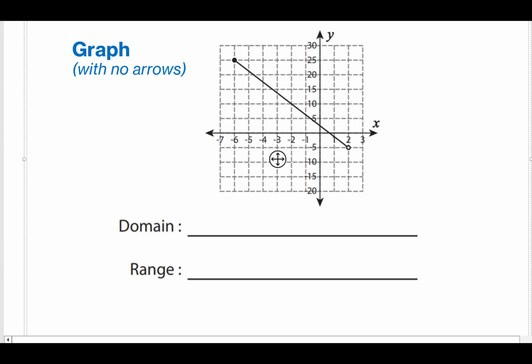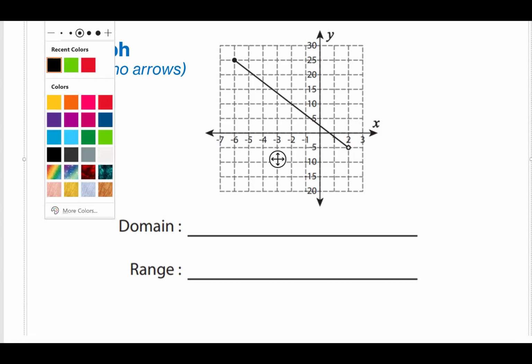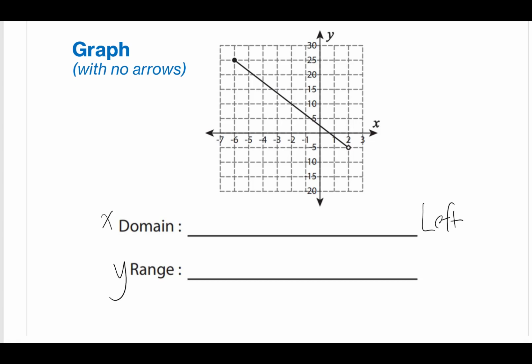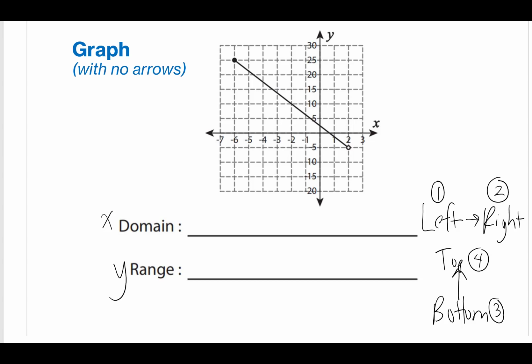Okay, so now we're doing domain, and domain means x, right? Domain means x, range means y, but domain also means from the left to the right. And range means from the bottom first to the top. So left is first, right is second, bottom is third, top is last.